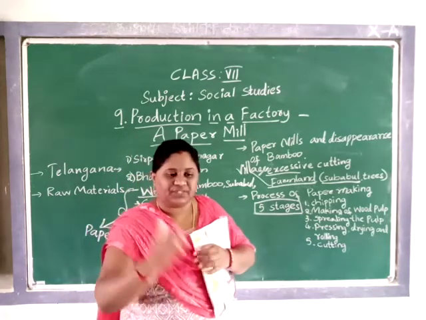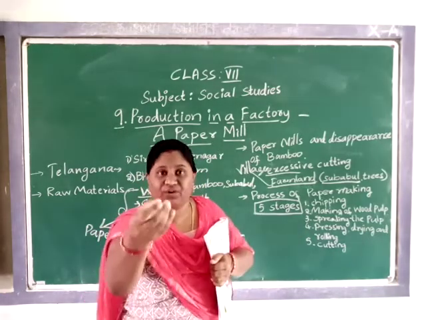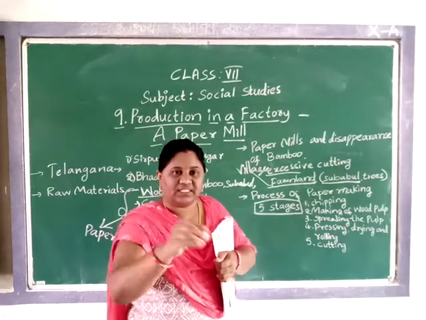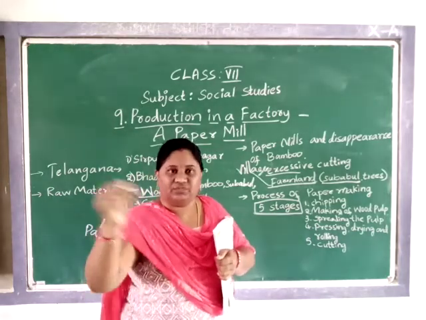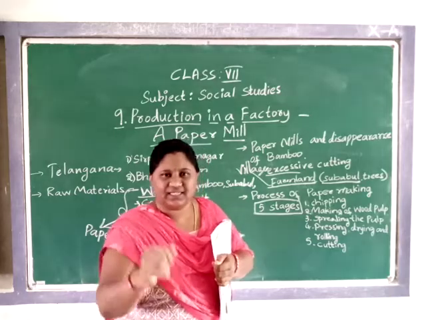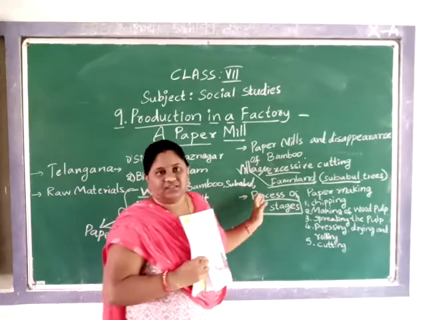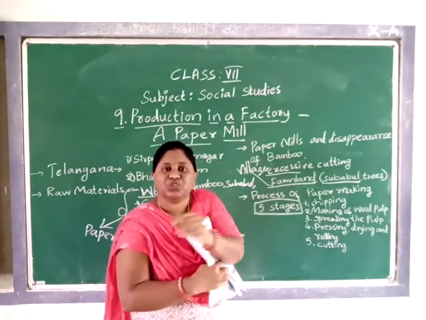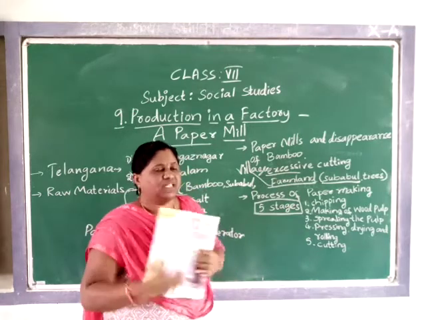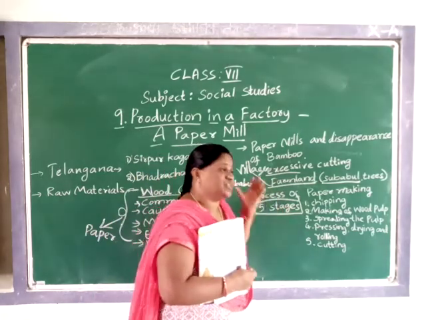Even for cooking, even for your drawing, you first select a rough diagram, then you go for a thick diagram, then you go for coloring. So even for huge machinery and huge production of paper, there is a process and there are stages.